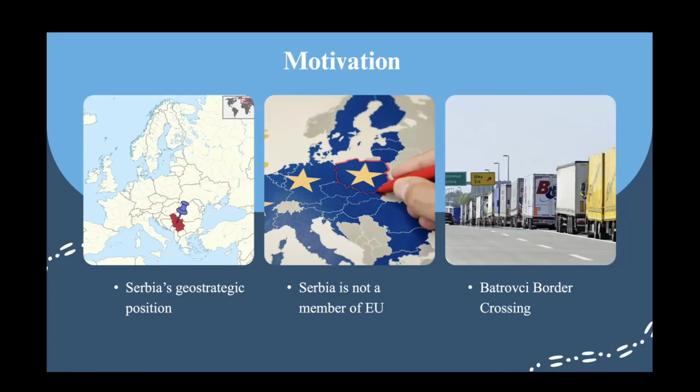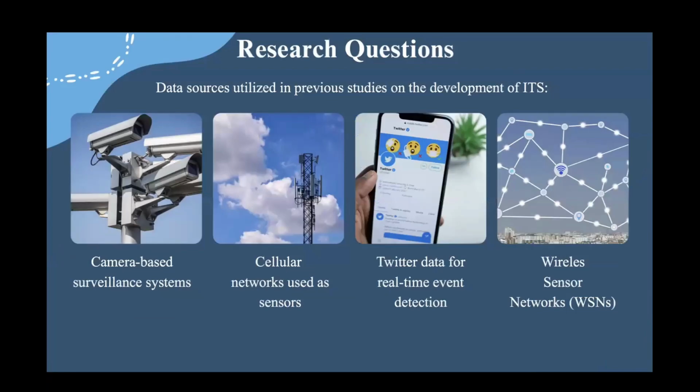Also, Serbia is not a member of the European Union, so moving between Serbia and EU countries is not that easy, as there are border controls. And also for the Batrovci border crossing, which is a border between Serbia and Croatia, we know that at the peak of the season, the truck queue lengths can go up to 20 kilometers. So those three things motivated us to start doing this research.